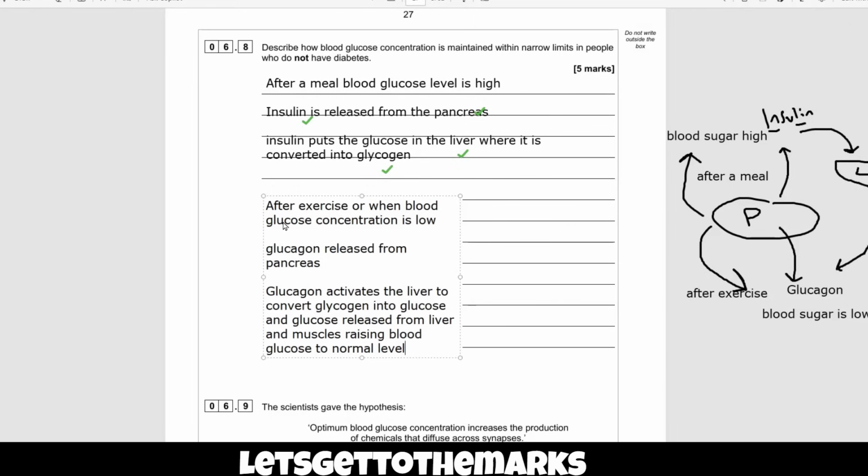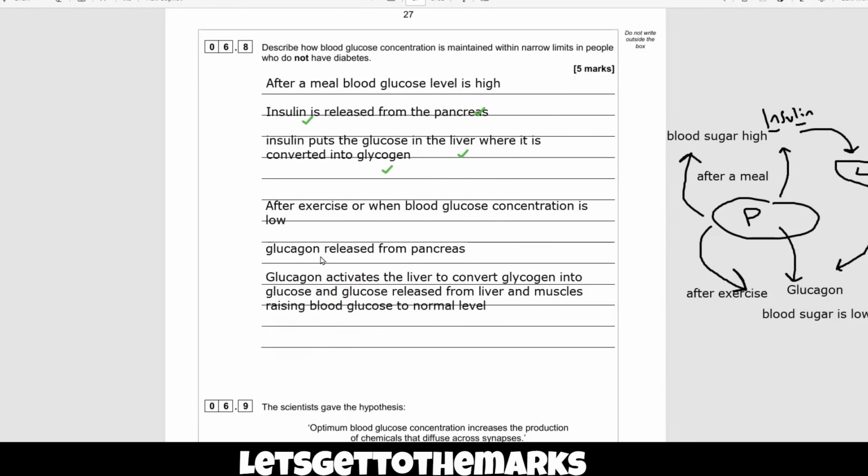If I was marking this, you're looking at glucagon being released from the pancreas. Glucagon activates the liver to convert glycogen into glucose. Glucose is released from the liver and the muscles, and the glucose level goes back to normal. That's what I'm looking for: at least 5 ticks, with at least 3 on one and 2 on the other.